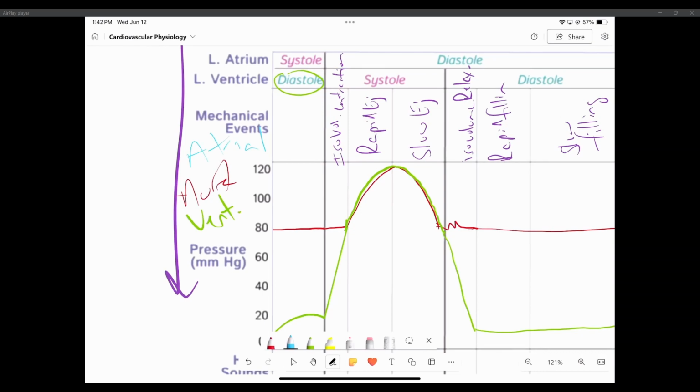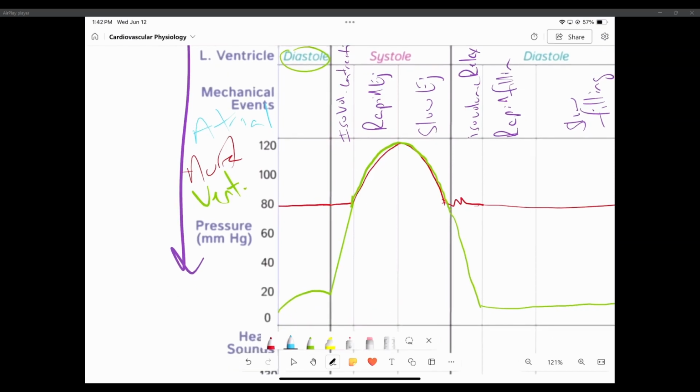Atria to the ventricles. We're filling. So where does the atrial pressure have to be if we're putting blood into the ventricles? Above it. So you'll see the blue line. I'll make it a little thicker.